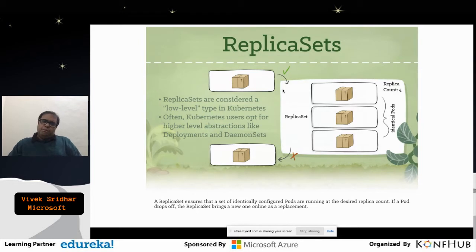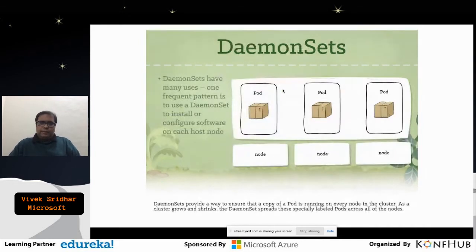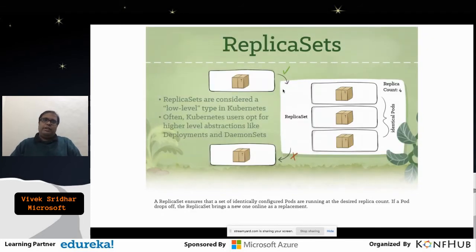So this is the replica set, and there is something called daemon sets. Daemon sets are nothing but making sure a pod runs on all the nodes. There are certain use cases where you want to make sure that a pod runs on each node, but in a replica set you're not actually defining it.